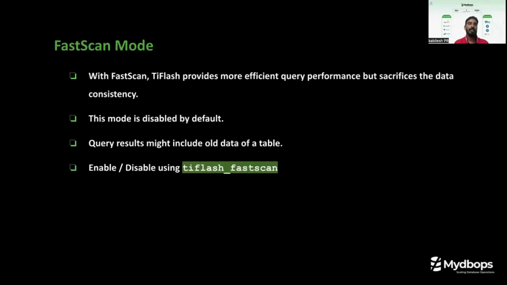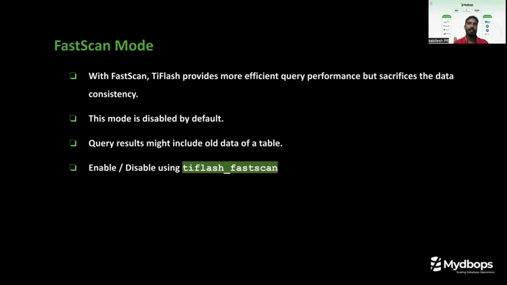So again, the last mode is the fast scan mode. With the fast scan mode, TiDB provides efficient query performance. That means the query result will be much faster, but on the other side, the caveat is that it sacrifices consistency. That means the query result might include historical data. For example, you might have deleted the previous data, like GC, that is garbage collected data.